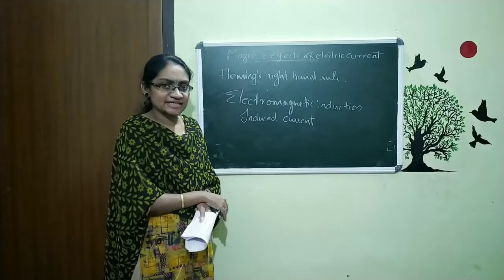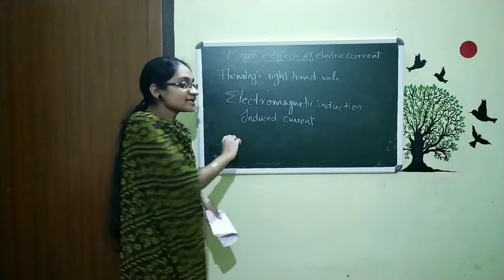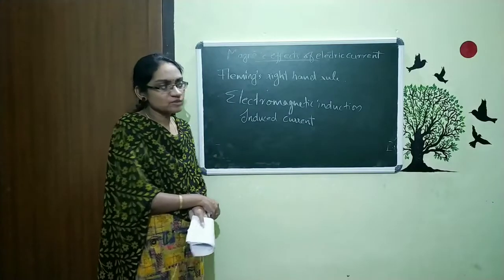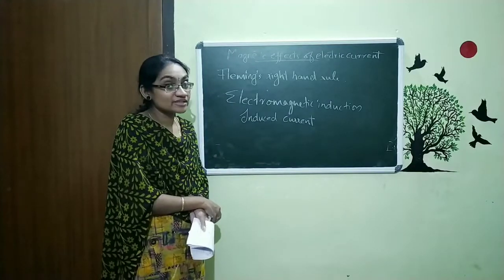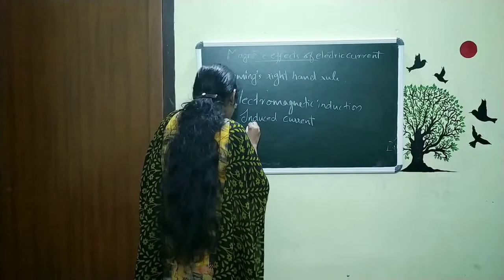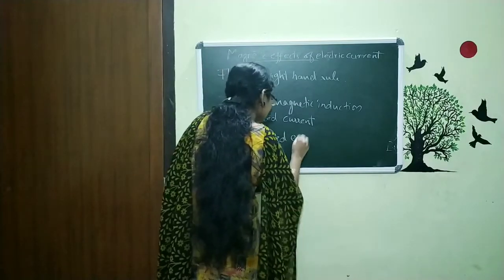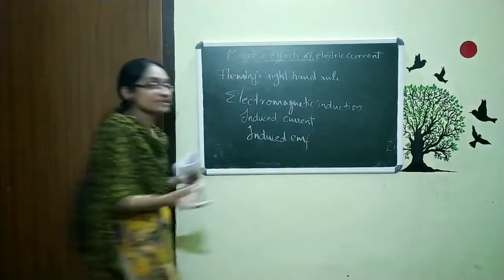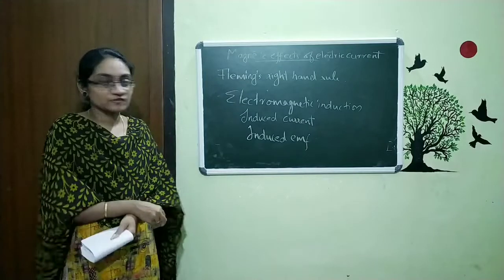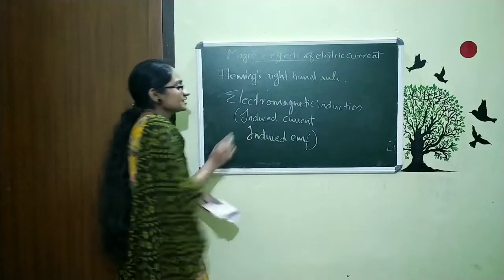And when there is current, there is also voltage. Now the question is, what is the name of that voltage? The induced voltage is called induced EMF. So just put these names in your mind: induced current and induced EMF.